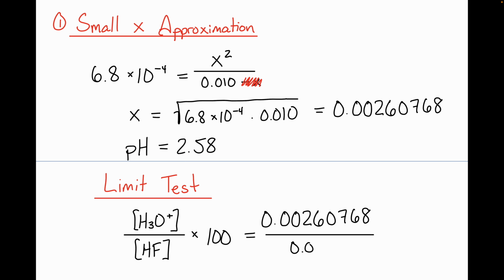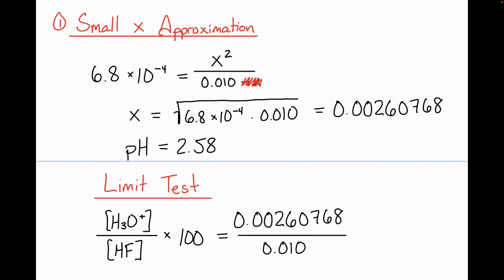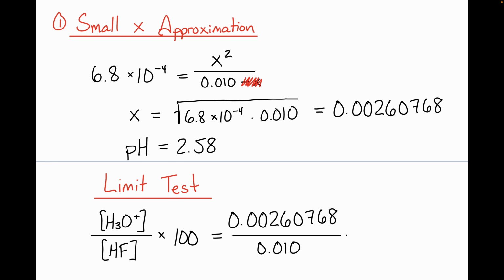All right, so remember that limit test is that concentration of our hydronium ion divided by the initial concentration of acid, that 0.010 molar, times 100.